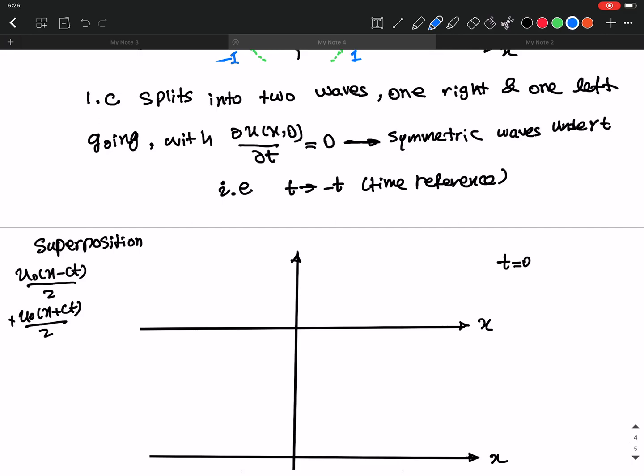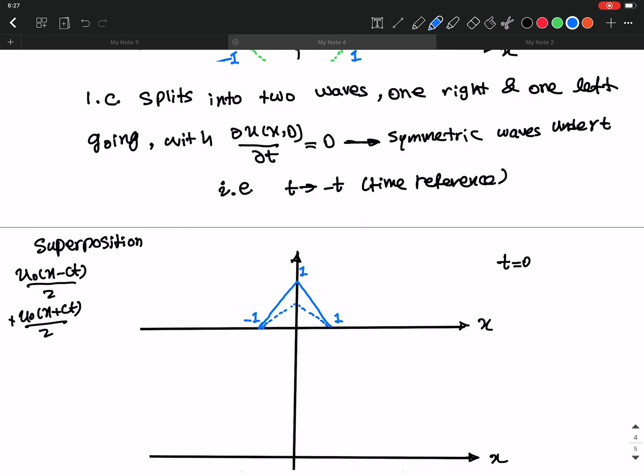So you have this function, half of u naught at x at t equals 0 plus the other one, exactly the same one. If you add these two together, that is like multiplying by 2, and you are going to get something like this, right? So here is 1, and here is also 1, and here is minus 1.